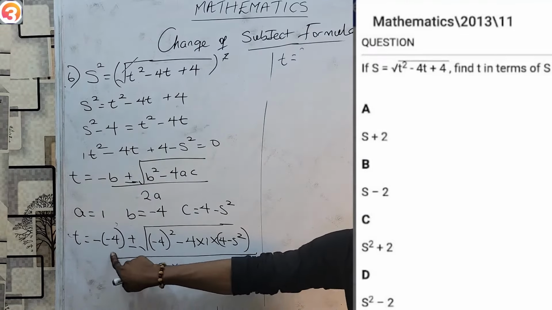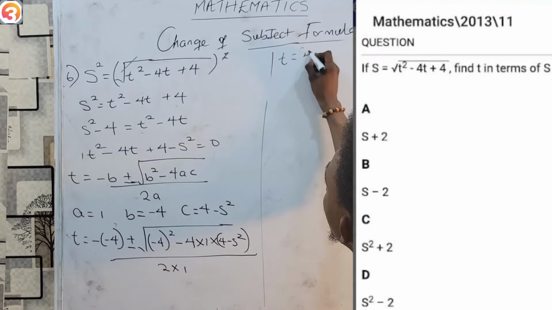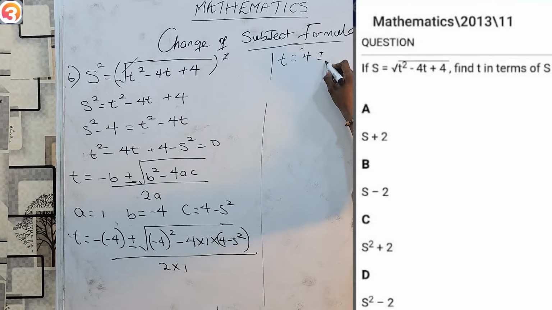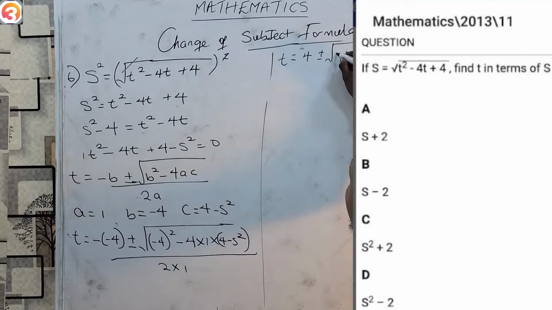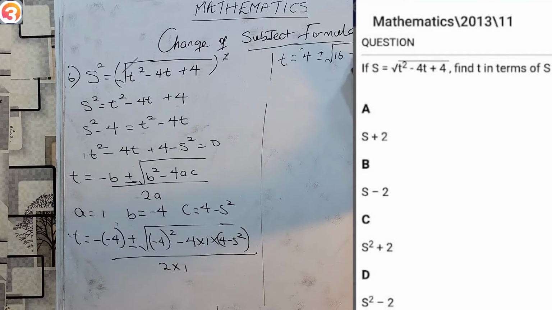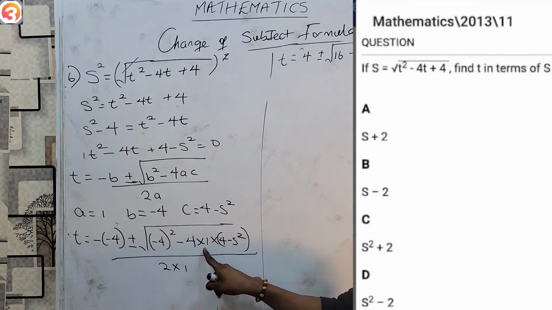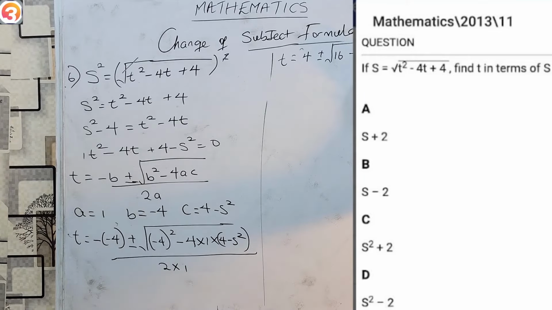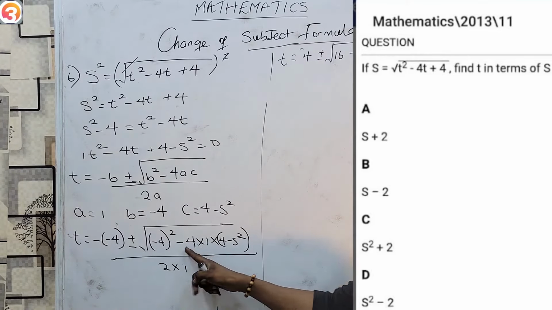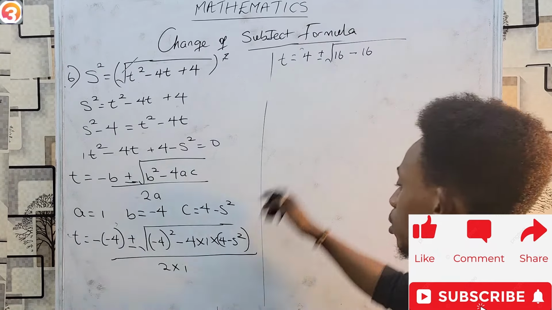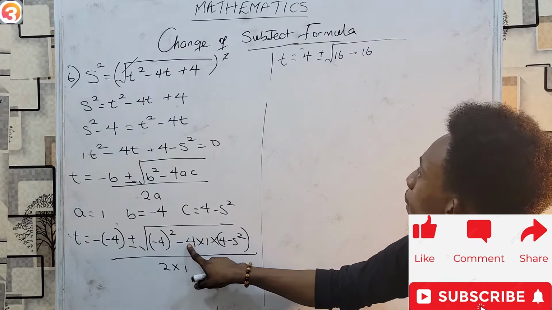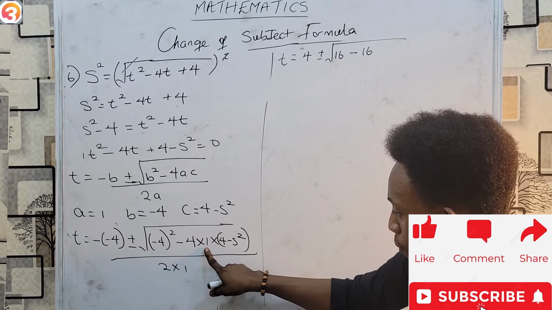Next up, minus times minus is plus, so that is 4 plus or minus the square root of minus 4 squared is 16, minus 4 times 1 is 4. Let's open this bracket as a whole. 4 times 1, 4. 4 times 4, 16. Then minus 4 times 1, minus 4.